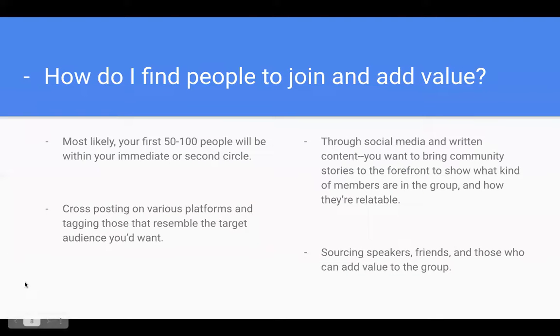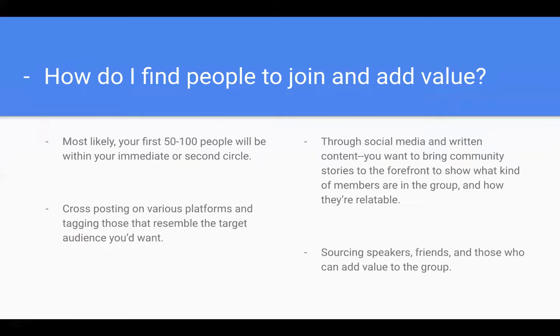Okay. So this is also a really good question about how you find people to join your community and to add value. Sorry, this is a little bit general, but these are just my own learnings from when we were building out Asian Female Nomads. Generally, if you're building a community, most likely your first 50 to 100 people will be your friends or your friends of friends.